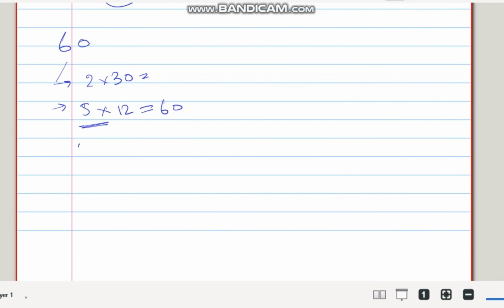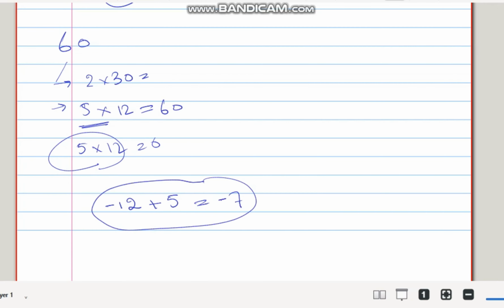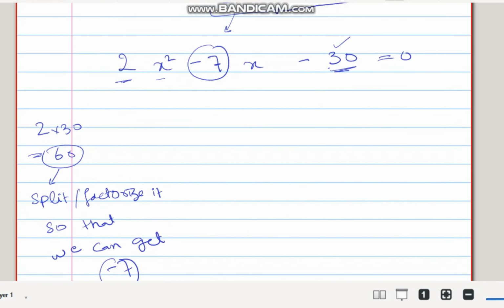I am taking 5 multiplied by 12 equals 60. So 5 multiplied by 12 can be arranged in such a way that we can get -7. I can arrange the 5 and 12 in this way, and it will give us -7. So I am just writing the same thing here in the question: 2x square, and just write minus 12x.